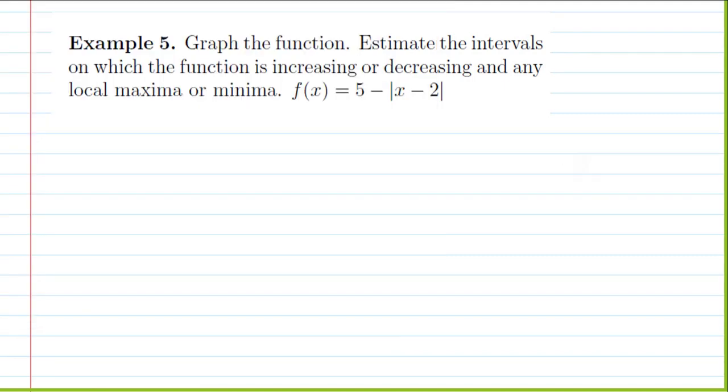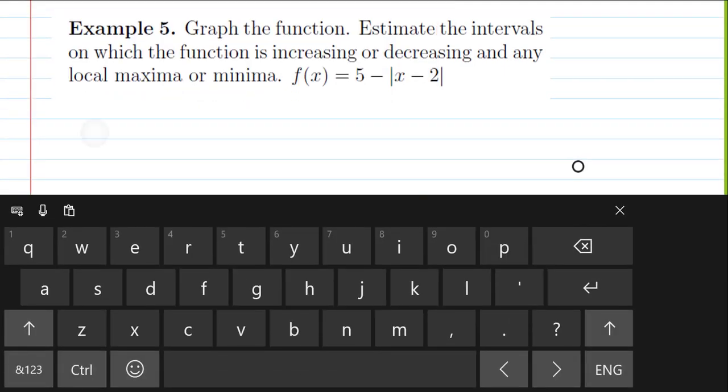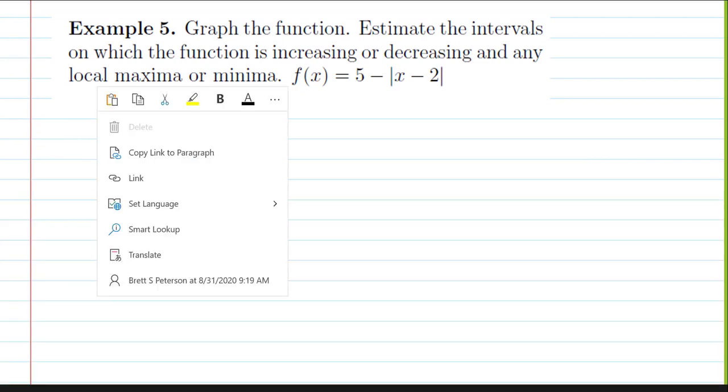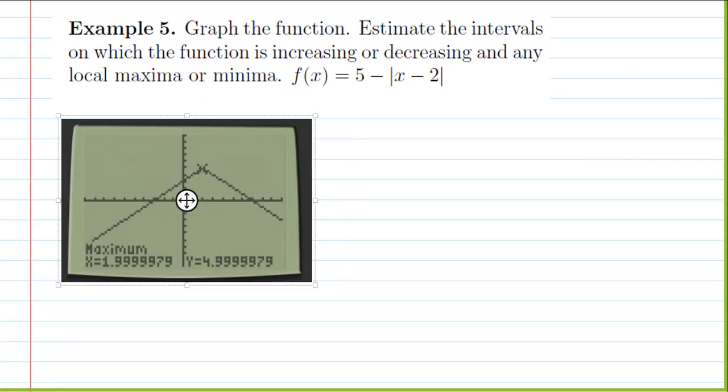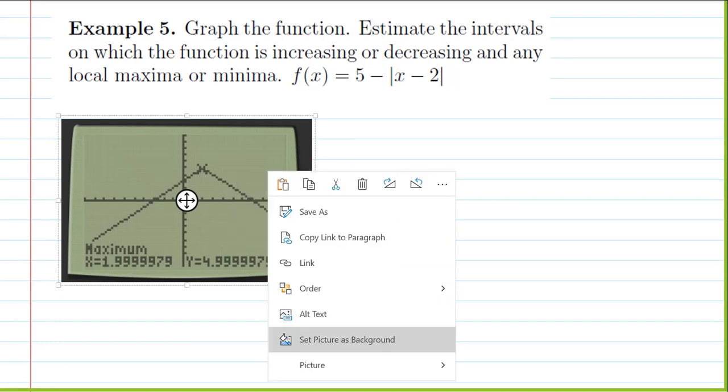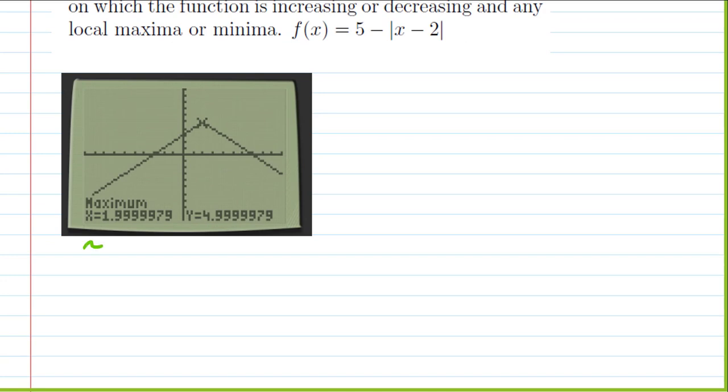In this case, we're going to want to do some rounding, because when our calculator says 1.9999979 and 4.9999, we're going to say that this one looks like it should be 2, and this one looks like it should be 5.